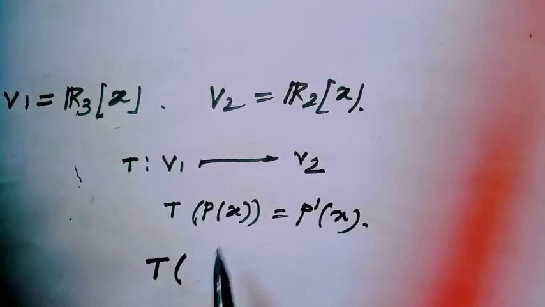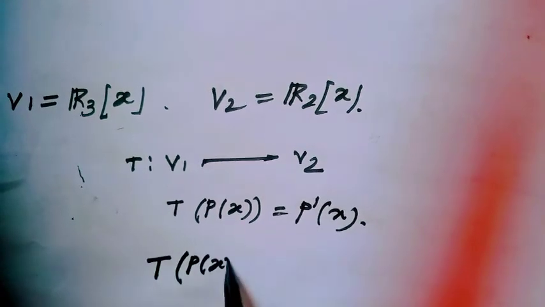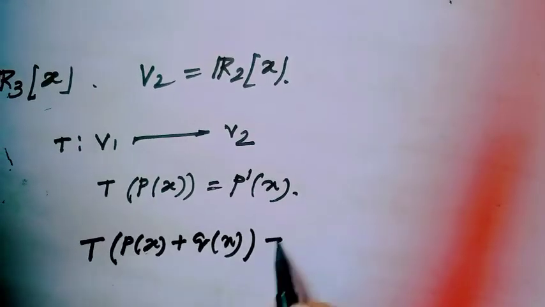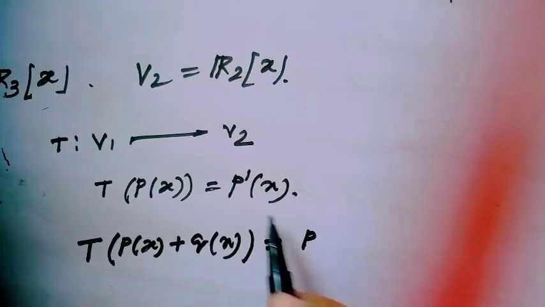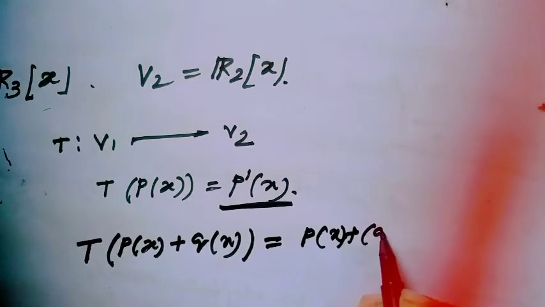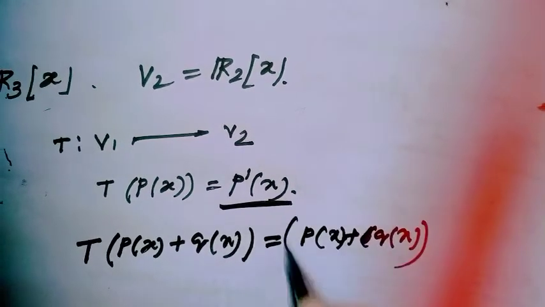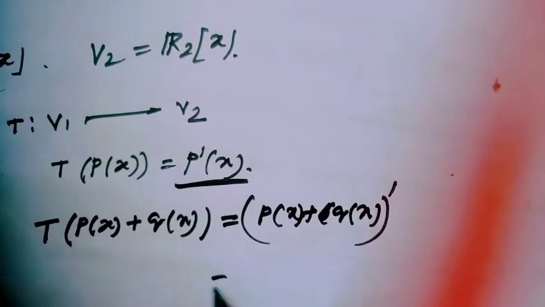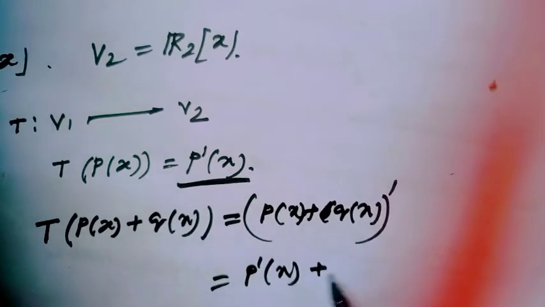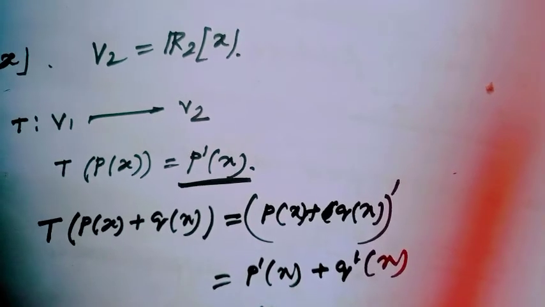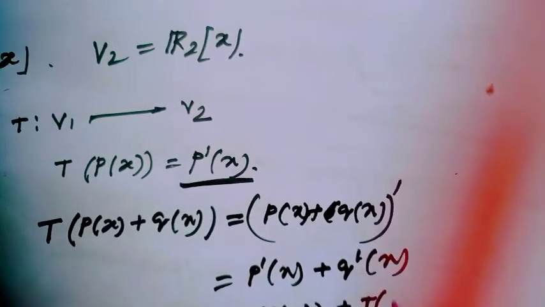Consider two arbitrary polynomials p(x) and q(x) belonging to V1. Then by the defined map, T of (p(x) plus q(x)) is (p(x) plus q(x)) prime. Okay, and in calculus we all know this value equals p prime(x) plus q prime(x), which is equal to T of p(x) plus T of q(x).